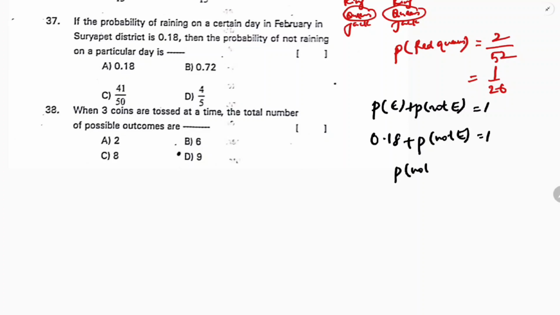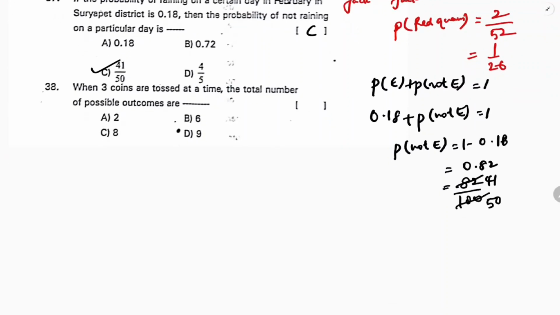So probability of not event is 1 minus 0.18, which is 0.82. See, if in a hurry you'll see the option is not there, but try to write it as a fraction. 82/100. On cancellation you'll get 41/50. So the correct option is C.